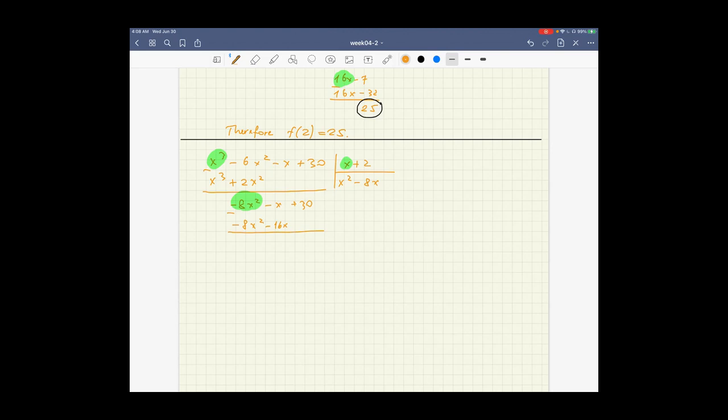The difference is now 15x plus 30. The ratio of the leading terms is 15. Multiplying back, we get 15x plus 30. The remainder is 0.